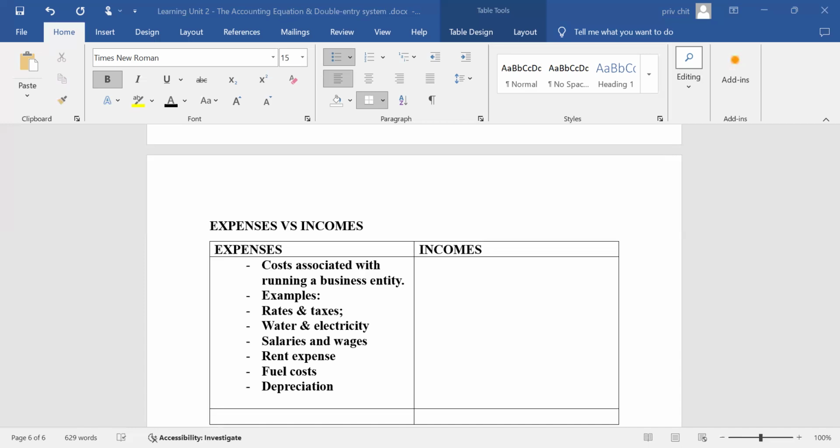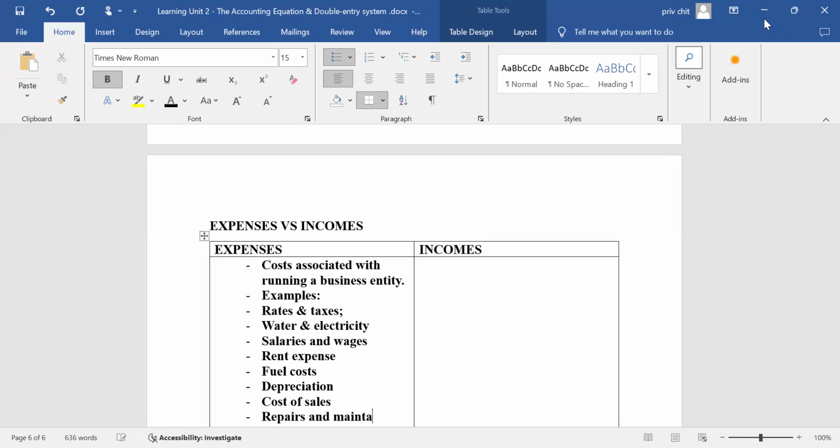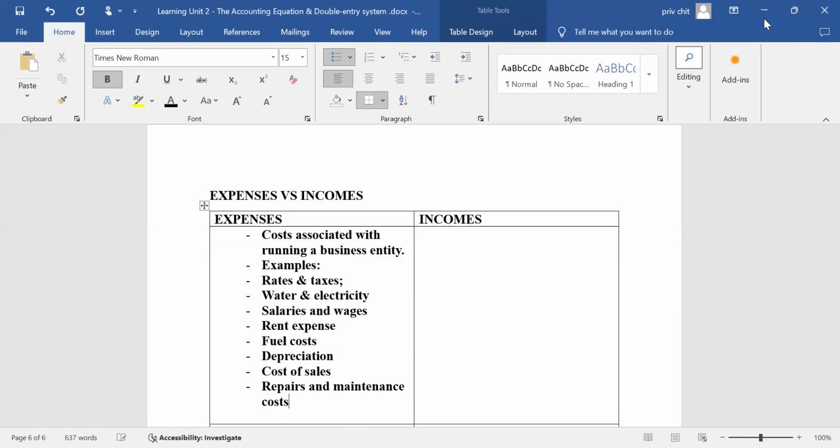Cost of sales, yeah, you mentioned cost of sales. Repairs and maintenance costs. All of these are typical examples of what makes up expenses.